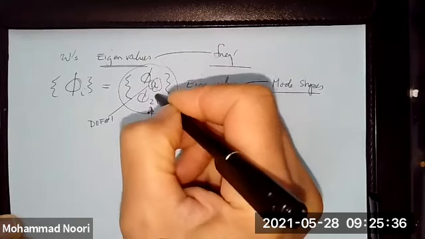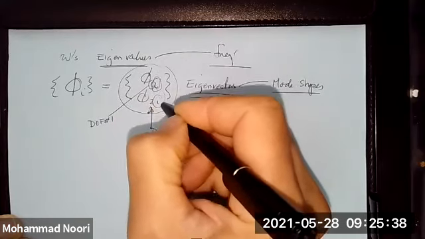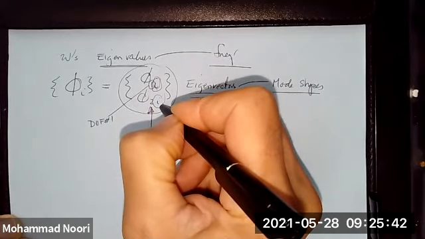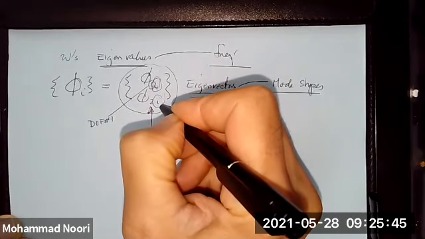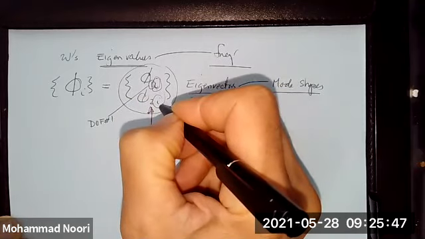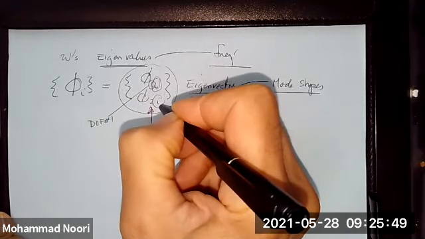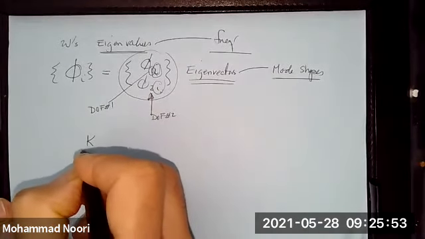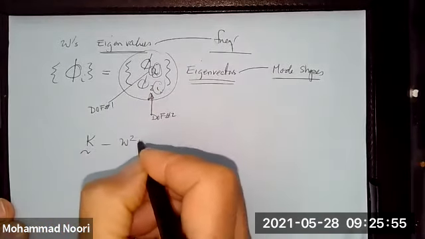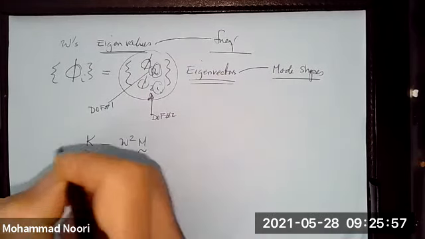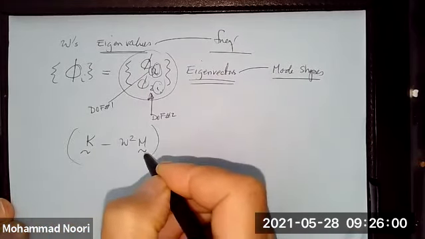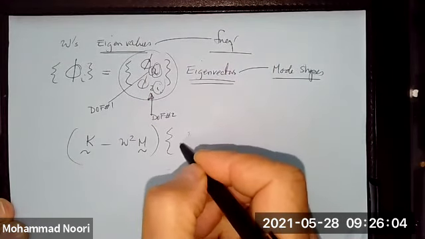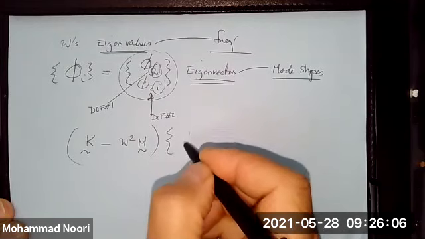I corresponds to the first or second mode shape. Okay. This matrix problem, and I'll get to that in a minute, this matrix problem, or the eigenvalue problem, you can write it like this.